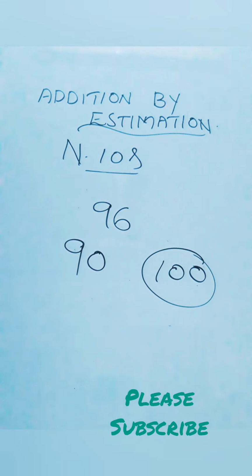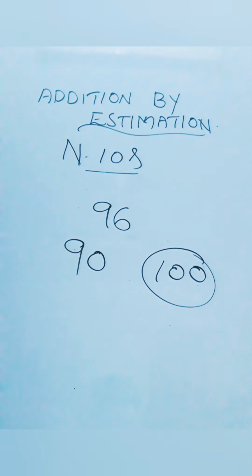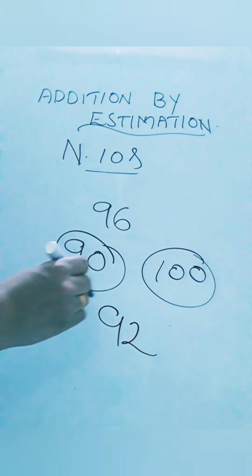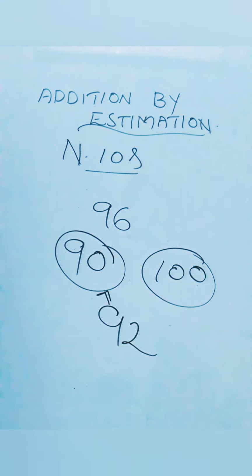So after rounding we will get 100. That means 96 rounded to the nearest tens is 100 only, and to the nearest hundreds also 100 only. But when it is 92, after rounding it will be 90.